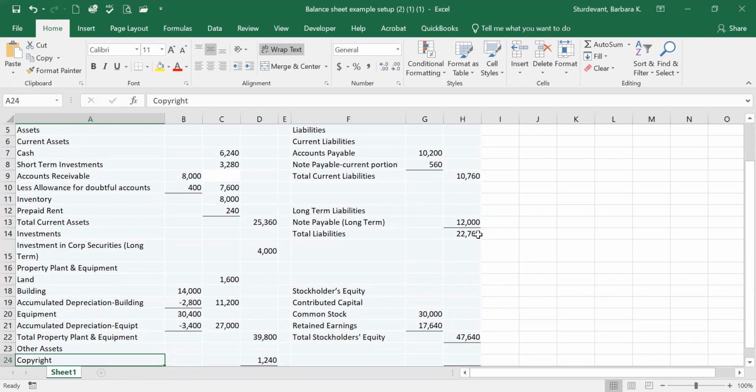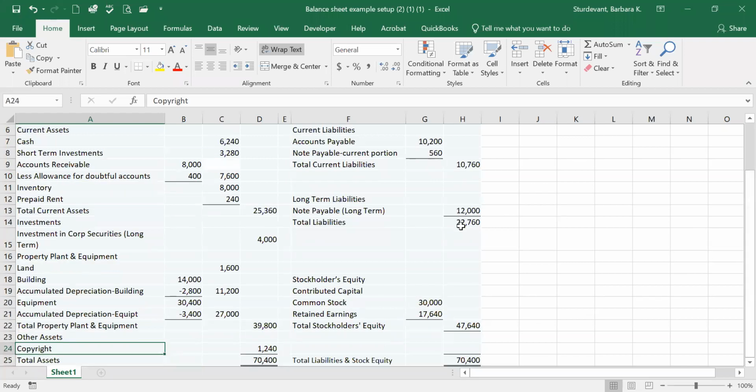You're going to have 5 numbers in the right-hand column on the liability and equity side. This is a corporation, so it has common stock, it has retained earnings, that is your total stockholder equity. And then we're going to add the liabilities and the equity to get our total. And then we want to make sure that those two equal.